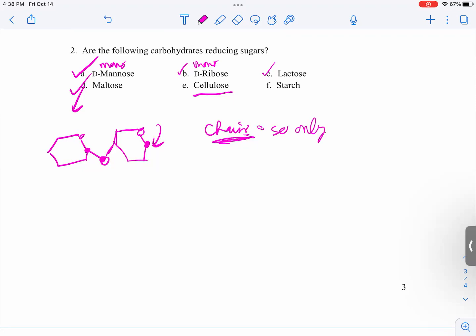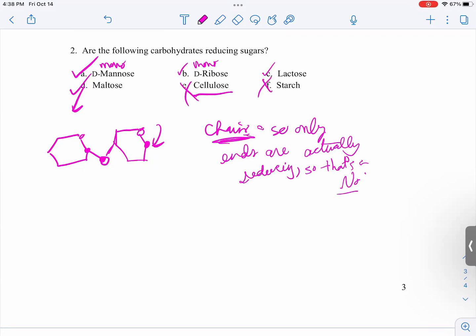So only the ends are actually reducing. So that's considered as no. And the same thing is true for starch, actually.